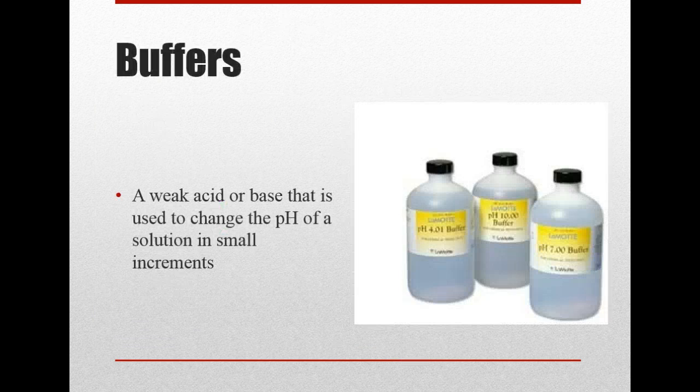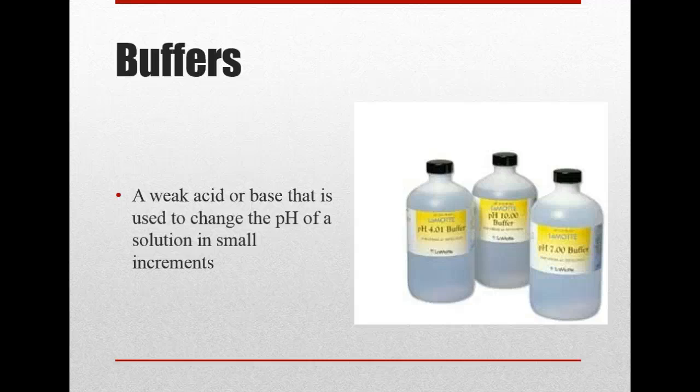Sometimes in real life situations, we must use buffers to control the pH of a solution. A buffer is a weak acid or base that is used to change the pH of a solution in very small increments.